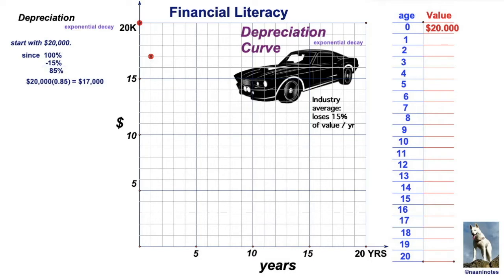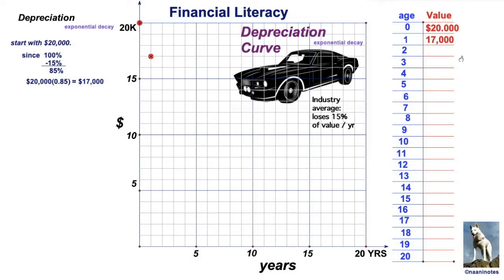So it retains. Well, I guess that's the optimistic way. If you are losing 15%, you're retaining 85%. I like that. So I could put this right there, and there's my $17,000.